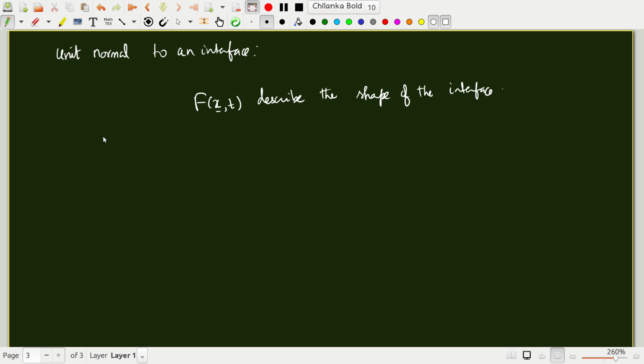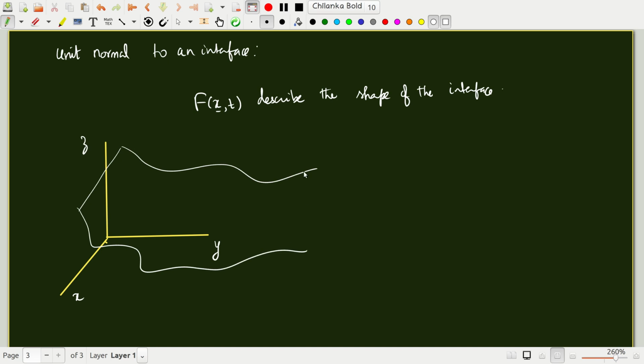Suppose I have a 3D space, x, y, and z, and of course the interface is a complicated shape.